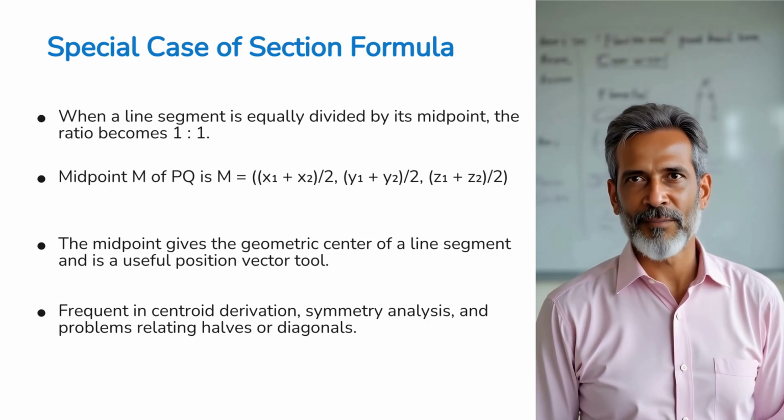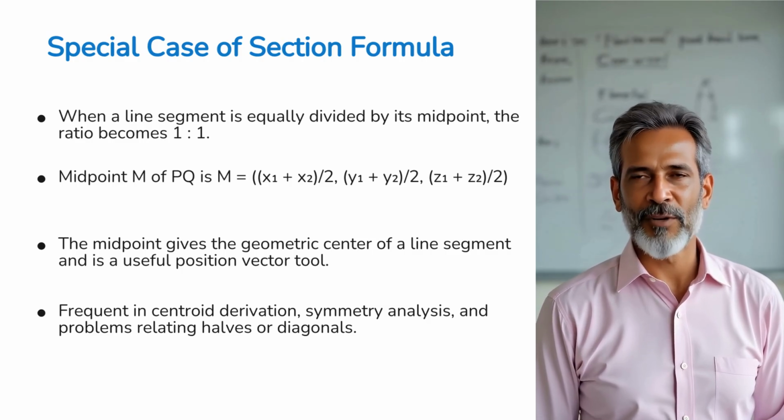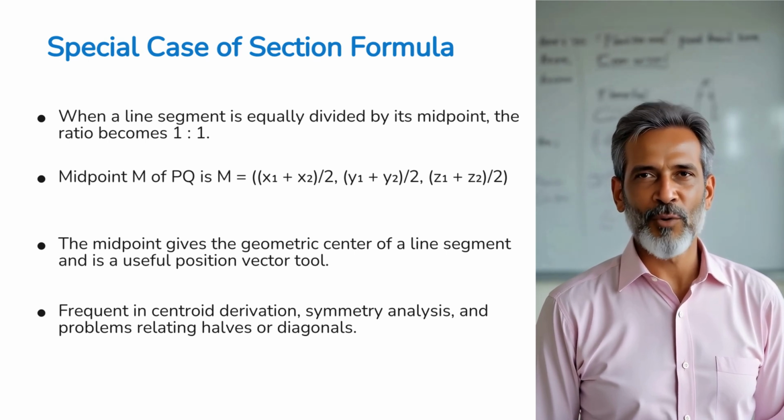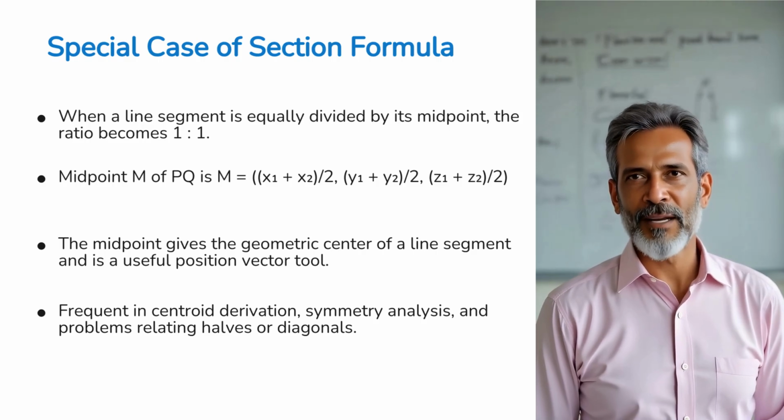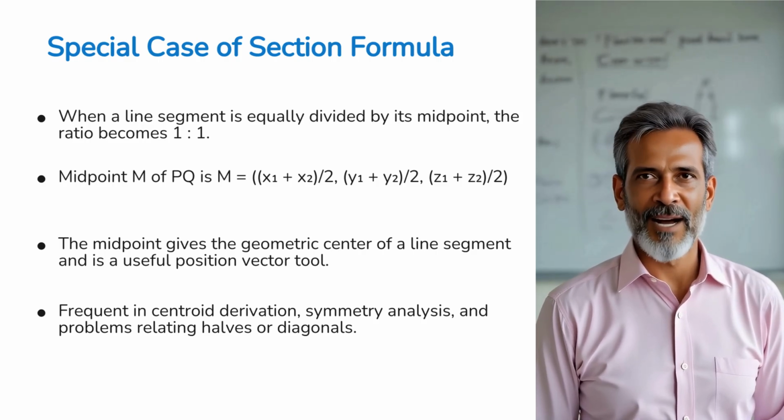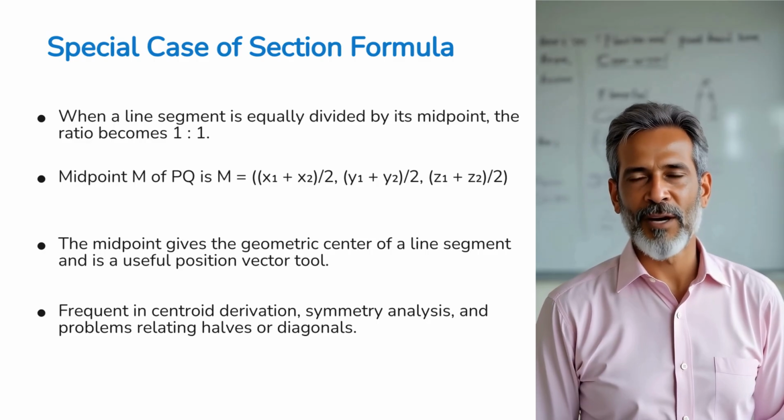This means you just average the corresponding coordinates of the 2 points. The midpoint represents the geometric center of the line segment. It is often used as a position vector tool in problems involving symmetry, centroids, and dividing diagonals. So next time you think of dividing a segment exactly in half, just remember this neat averaging formula.